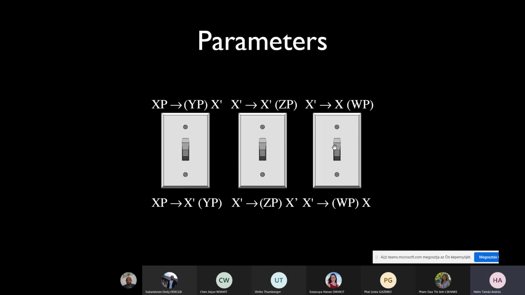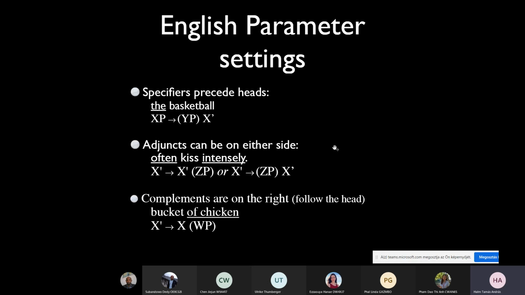And if we talk about a Japanese baby, I think a Japanese baby will learn that in Japanese complements come before the head, and she will set the switch in a different way. Okay, so this is how this parameter story is supposed to work. Let's look at a couple of examples. In English, for example.